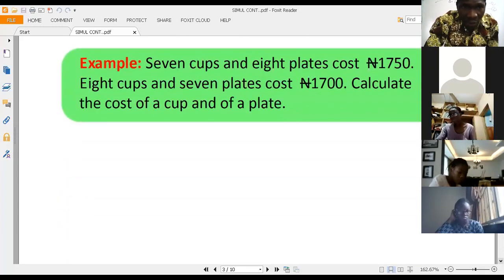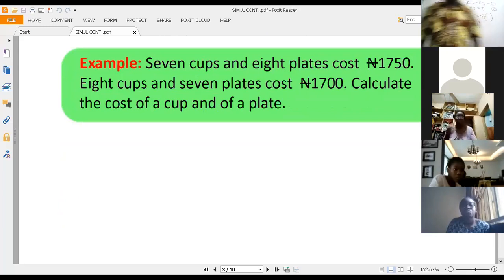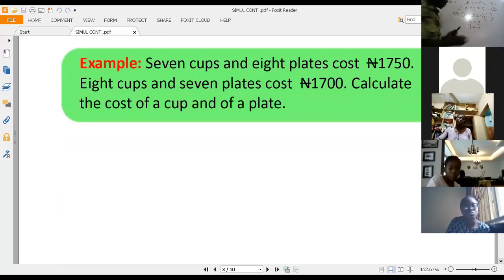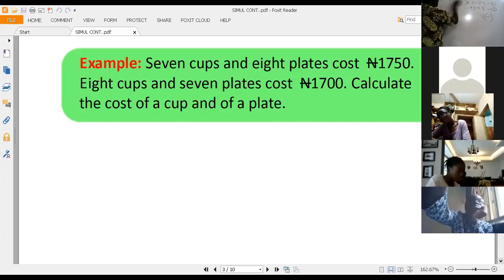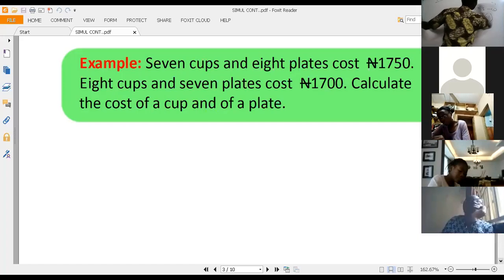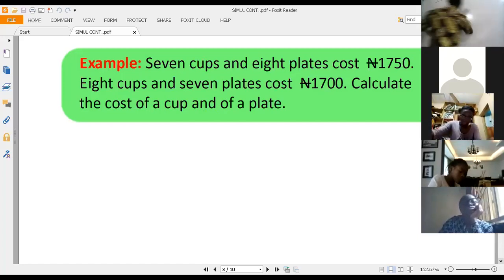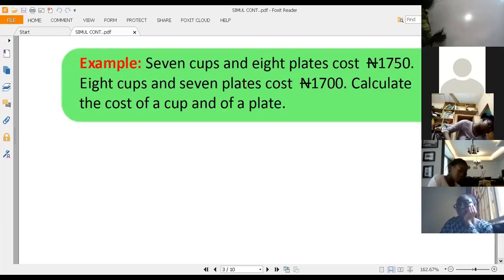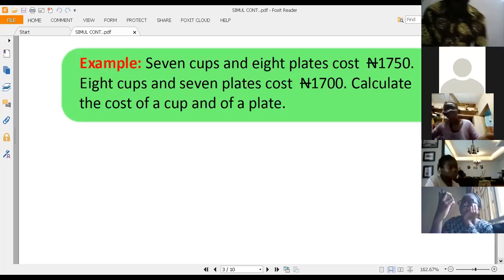This is a very good example. I believe you can see it on your monitor or your screen. If you read through the question, you need to really understand the question, and the understanding of the question will lead you to how to solve it. So I need your maximum concentration on it.